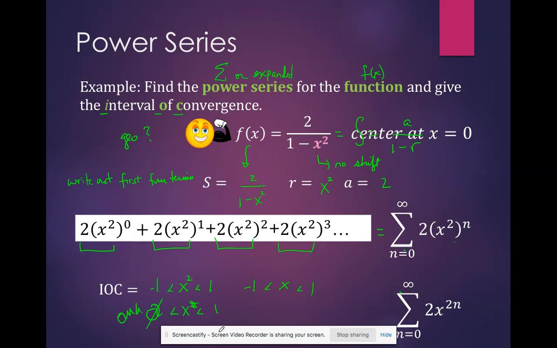Just verify that. What if x is a half? Is a half between negative 1 and 1? Yes. Is a half squared between negative 1 and 1? Yes. Okay. There's your interval of convergence, or again, you can write it like this. Okay, so there's an example of the other way.